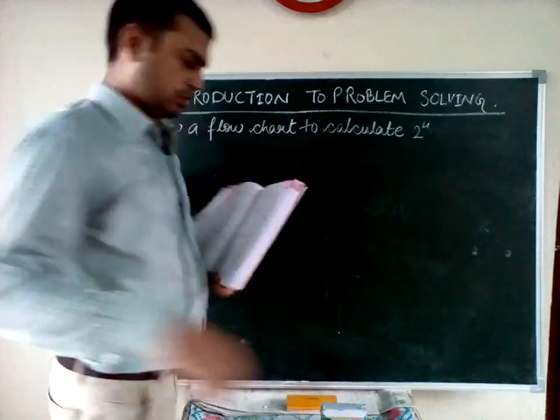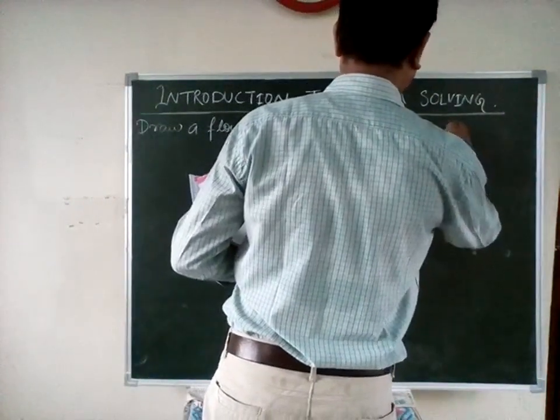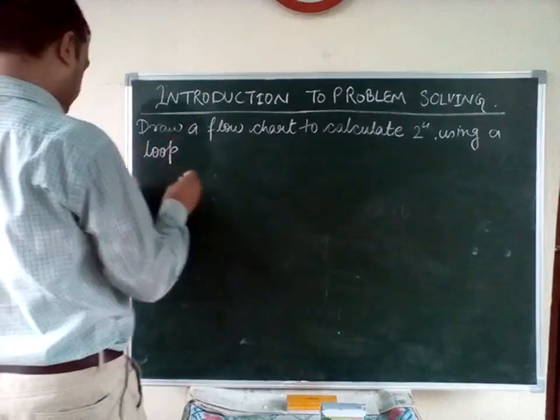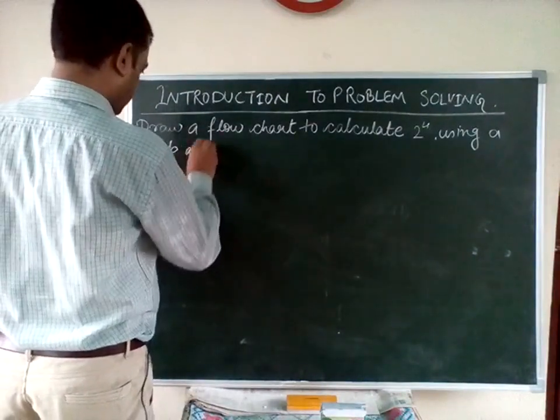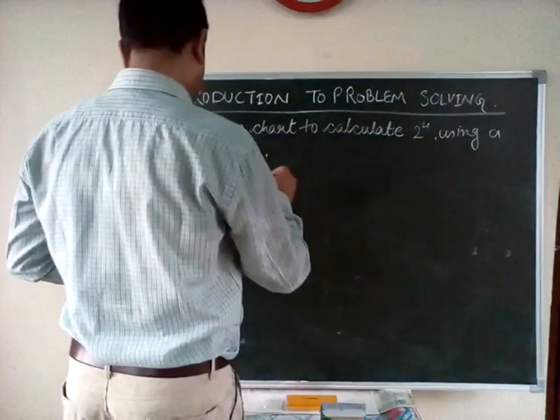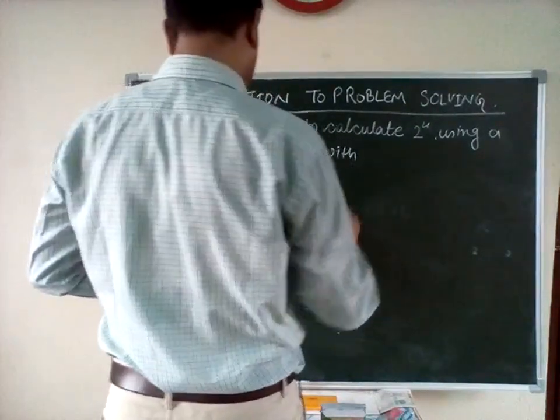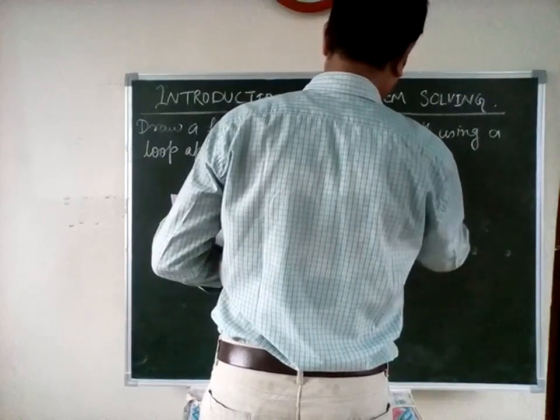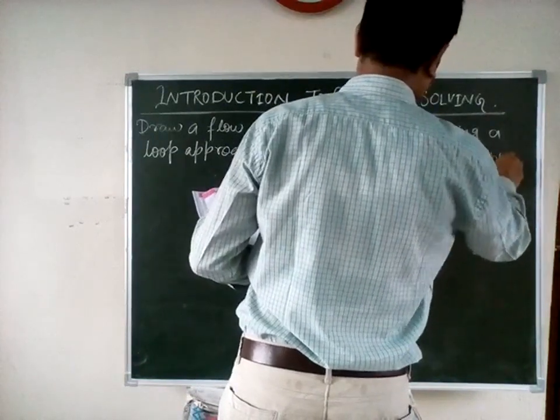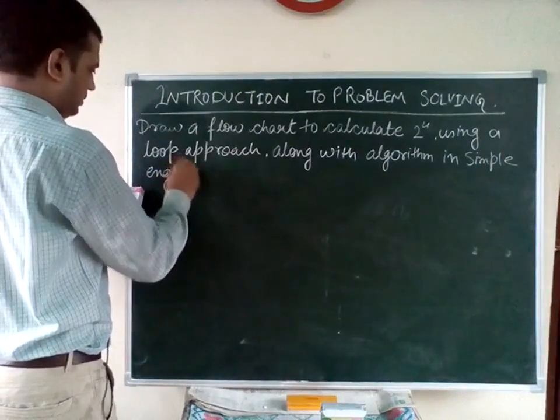Calculate 2 to the power 4 using a loop approach, along with the algorithm in simple English.